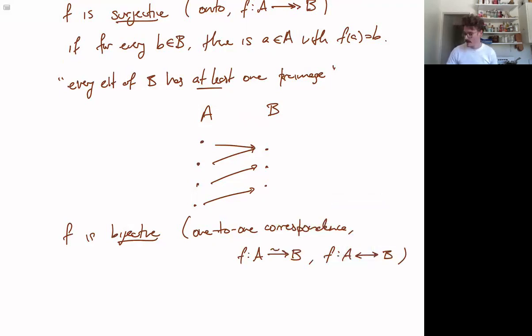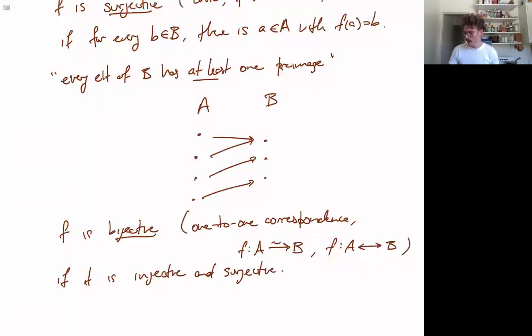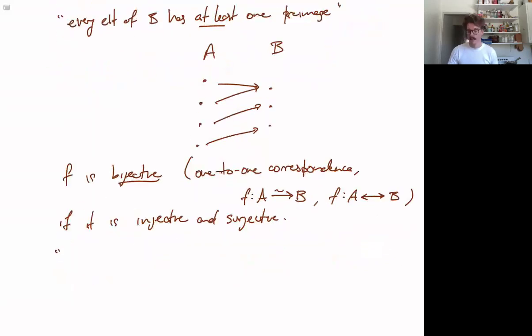What this means is that it is injective and surjective. Which of course means that it has at most one and at least one preimage. Which is to say it has exactly one.